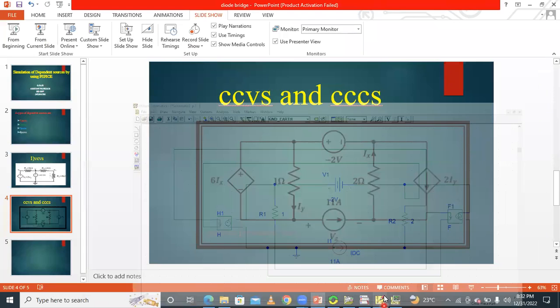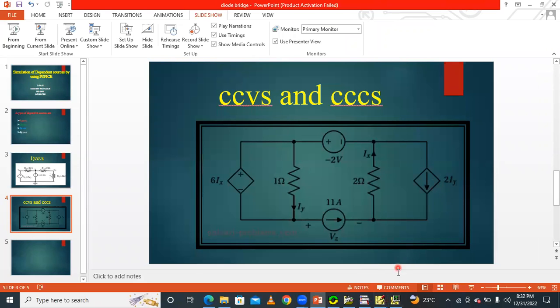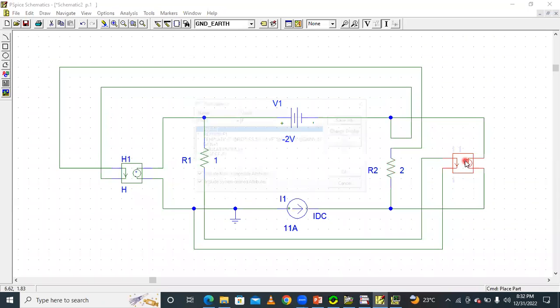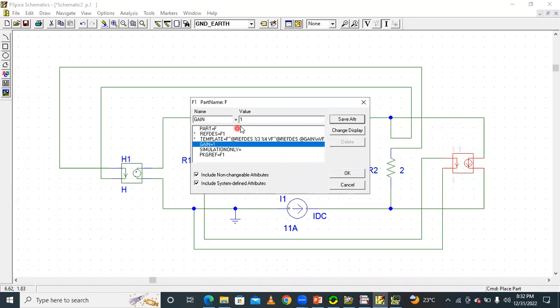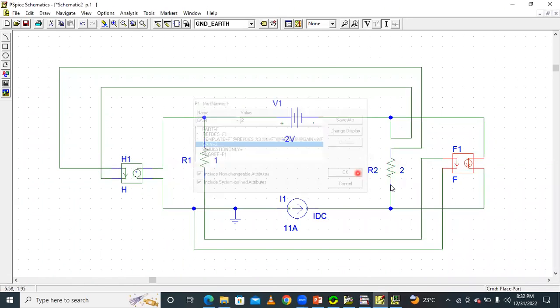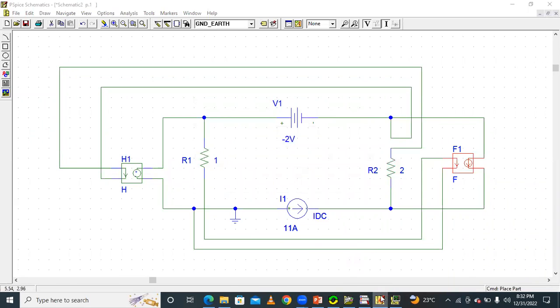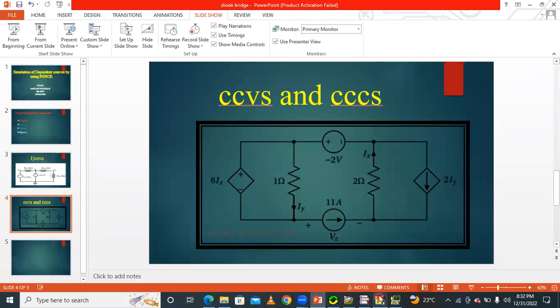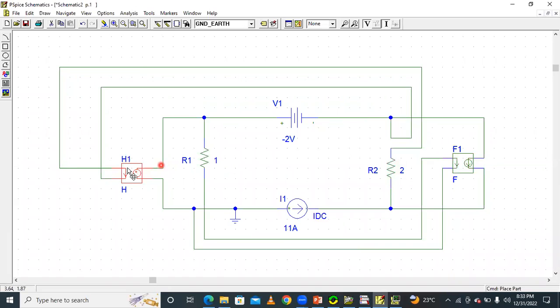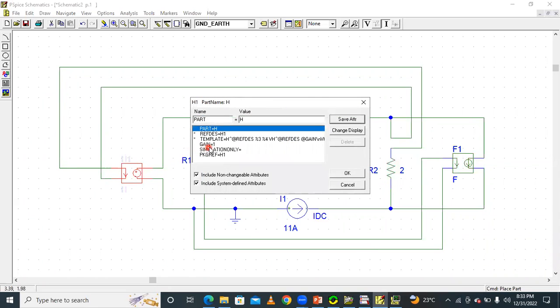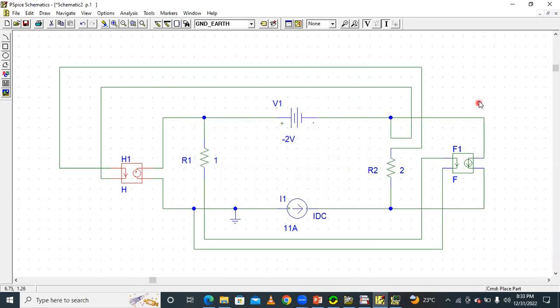And then next is 2Iy, the gain is 2. Save attributes, then OK. Here what is the gain? 6. Your gain is 6. Save attributes, then OK.